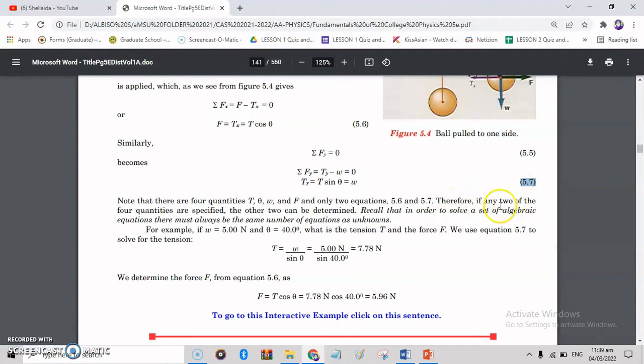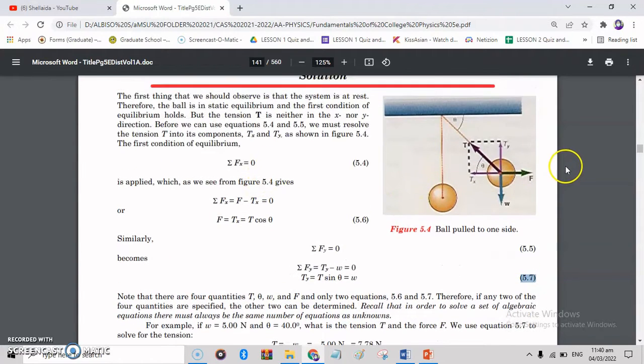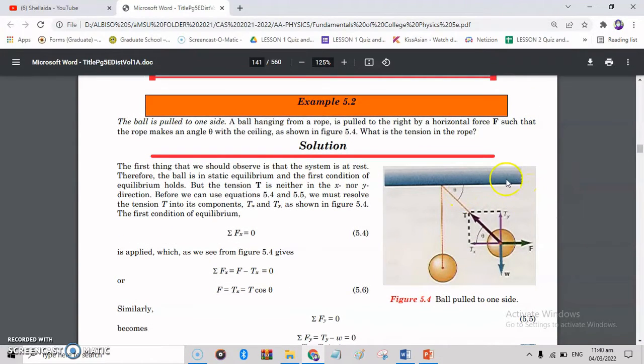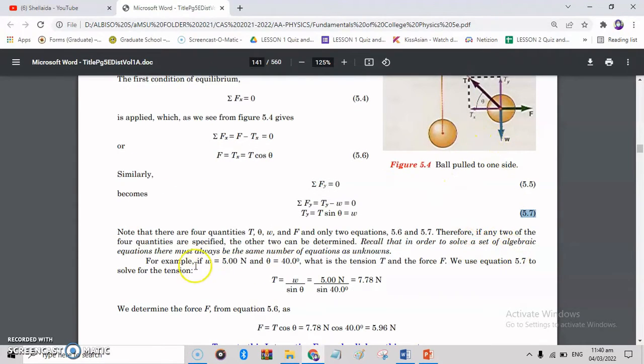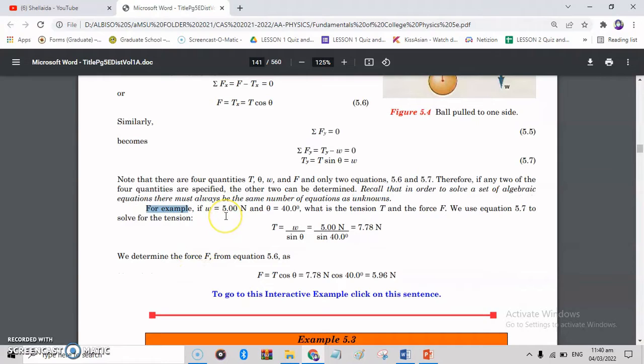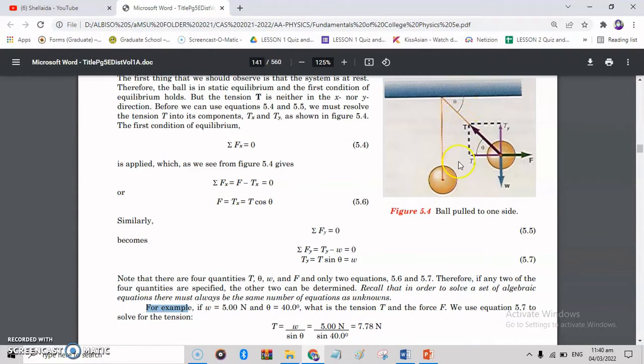Therefore, given any 2 of the 4 quantities specified, the other 2 can be determined. Recall that in order to solve a set of algebraic equations, there must always be the same number of equations as unknowns. What are the unknowns here? Actually all of them are unknown, but for example, we are given values: the weight of the ball is 5 Newton and it made an angle of 40 degrees from the ceiling.